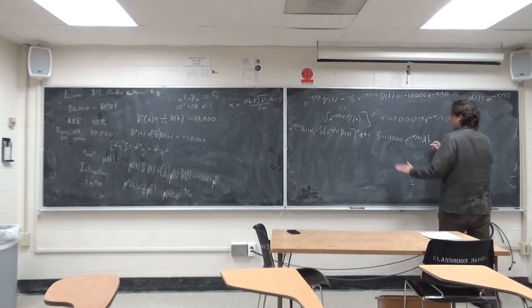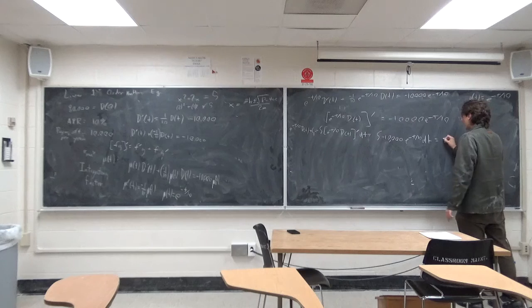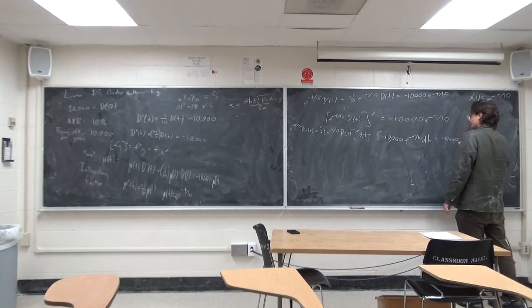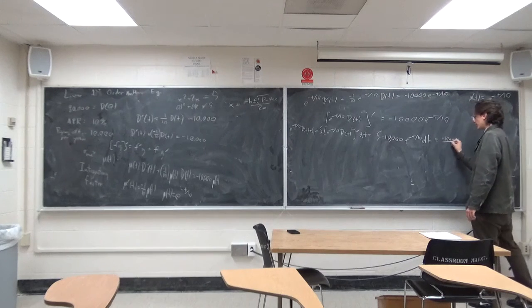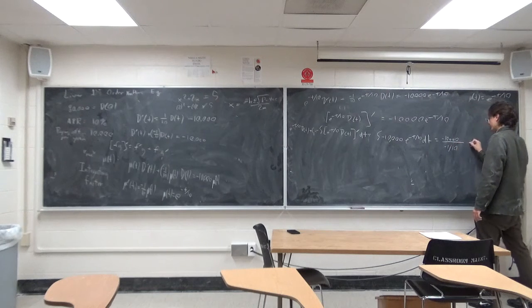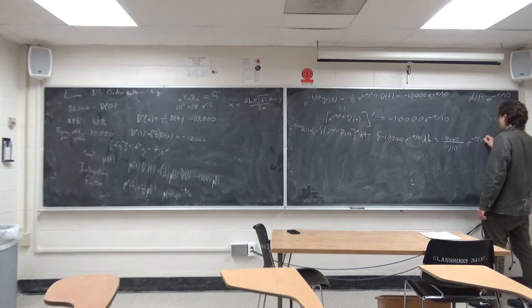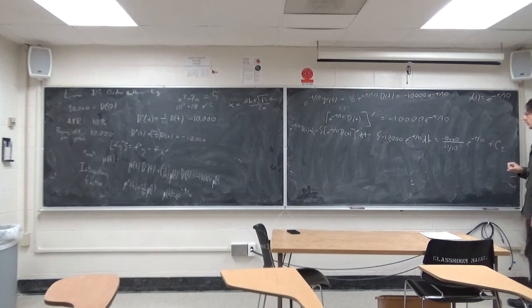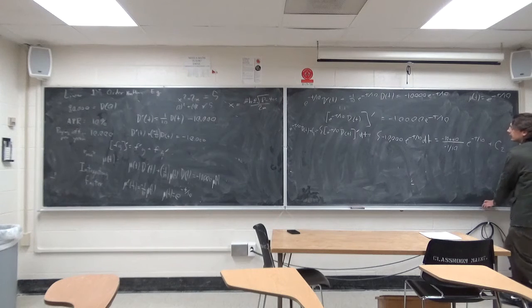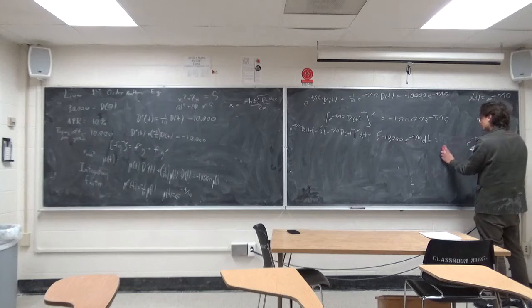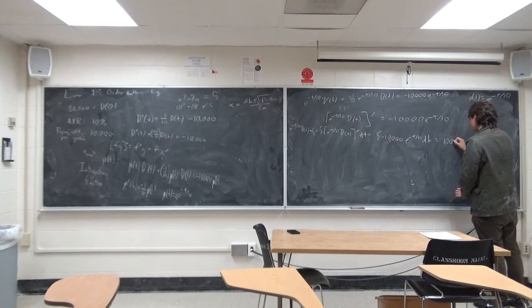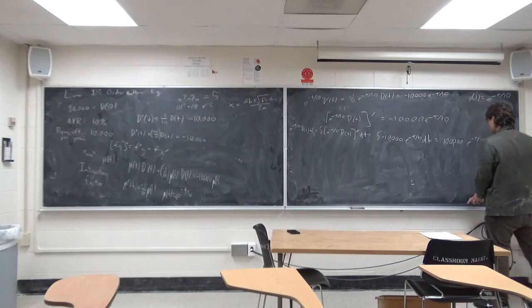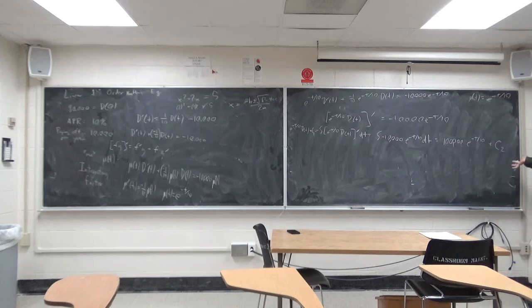And I take the integral over here, and I get negative 10,000 divided by negative 1 over 10, times e to the negative t over 10, and again I get another constant, C2. This part right here turns into 100,000. So that's great.